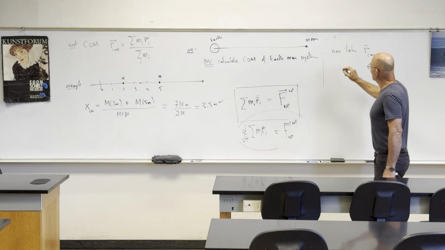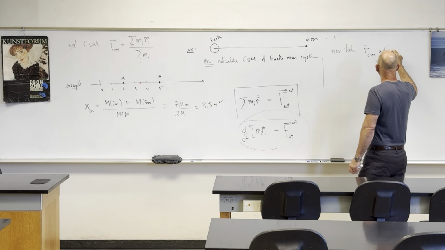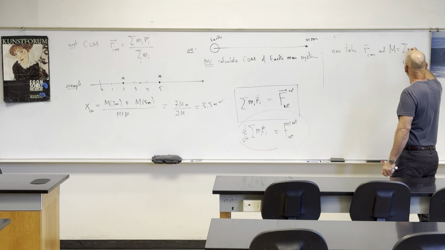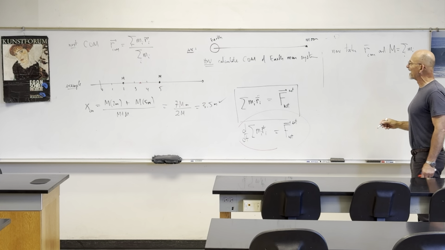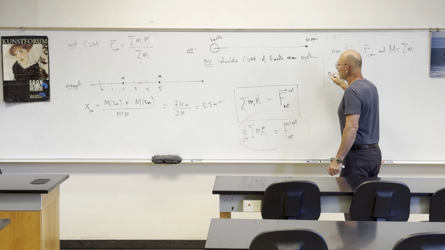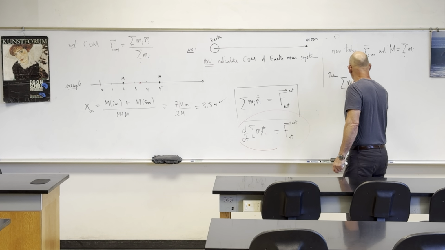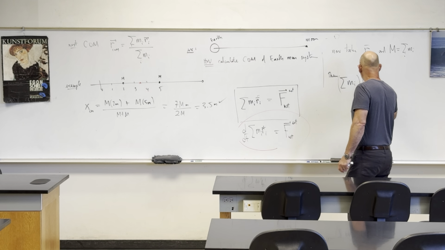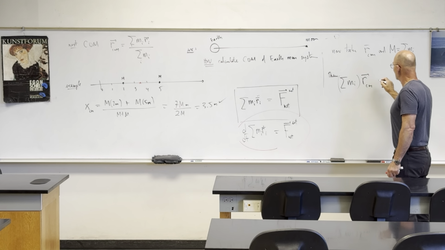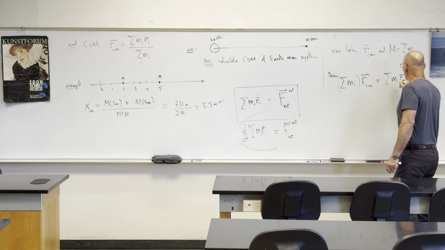And do the following. Let M equal the sum of all of those individual masses. Then we have taken our definition, one step at a time: the sum of m_i, parentheses around there, r-bar center of mass, equals the sum of m_i r-bar_i.